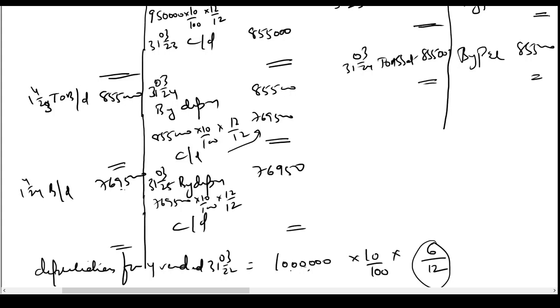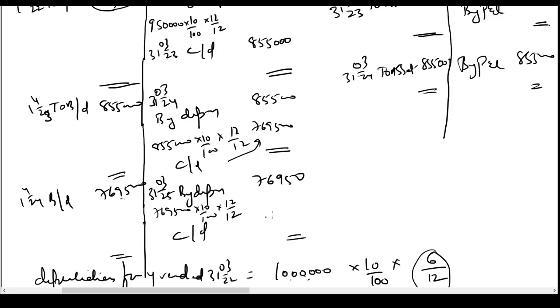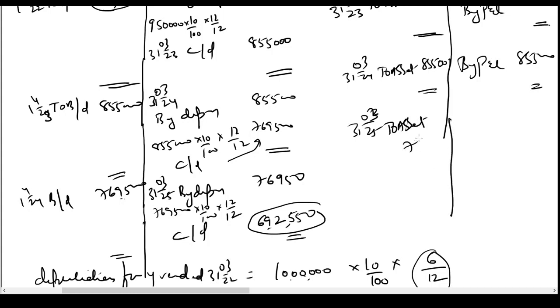It would be 6,92,550 is the balance left. So this is the closing balance now. 31st March 25, to asset in the depreciation account will write 76,950. By P&L account, this amount will be transferred to the P&L account, 76,950.